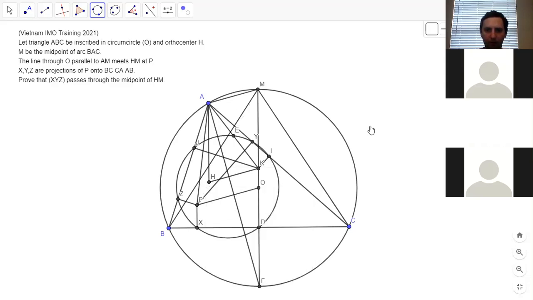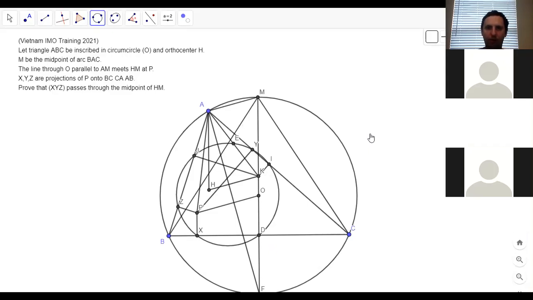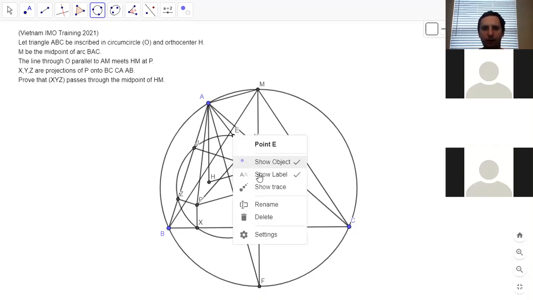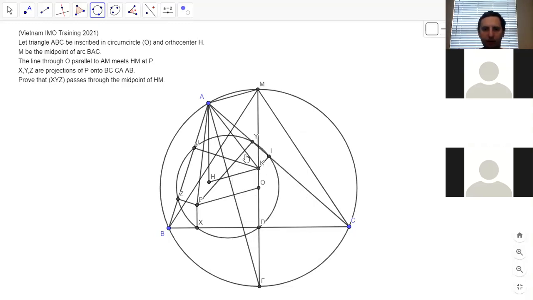And also that PO is parallel to AM. Yeah, and if we know it lies on HM, then since AMKE is a parallelogram, that would solve the other, well, would it?